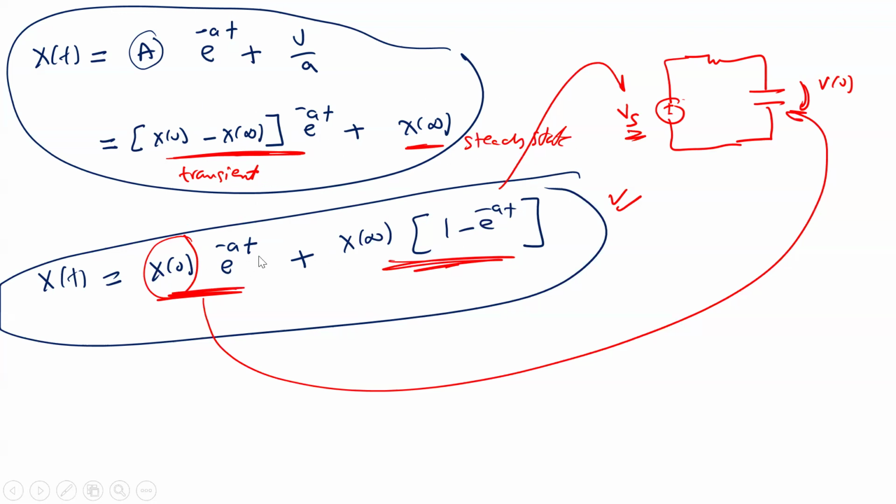But if I write it this way, this part is the impact of the initial state of the capacitor, how the initial value is going to impact the solution. Here x of infinity is actually Vs. And this part is actually going to give me the impact of Vs. Okay, and I'm going to explain it.